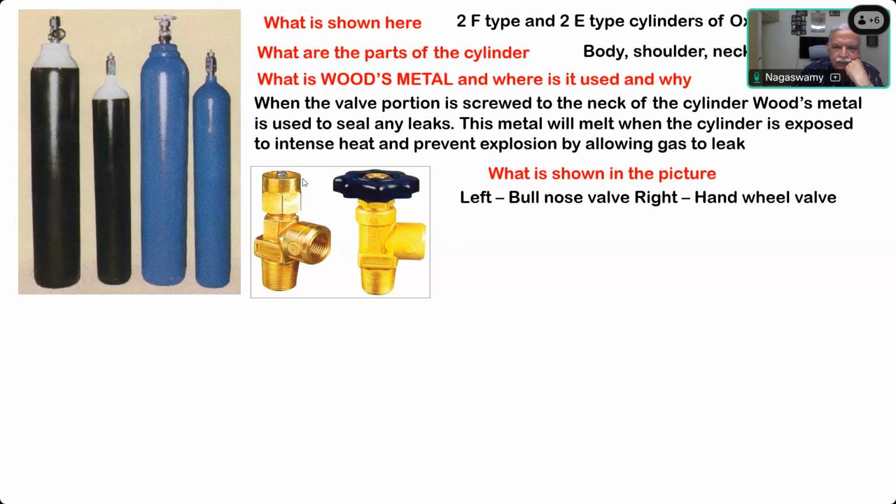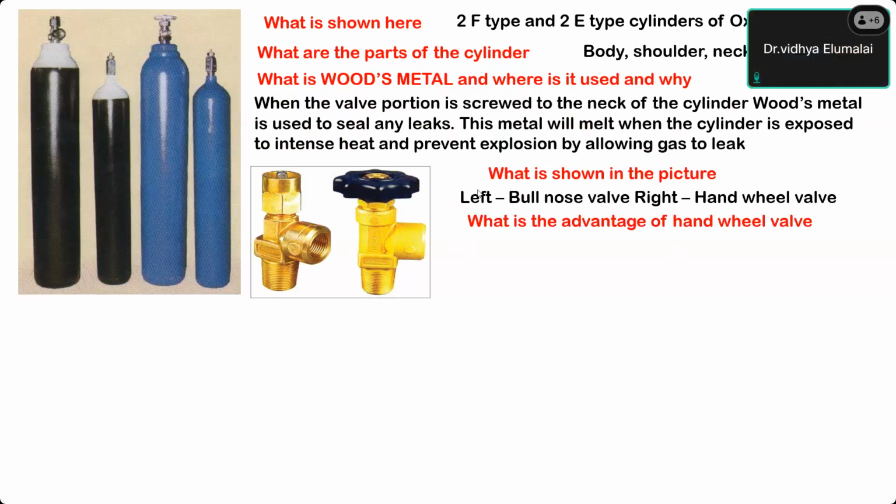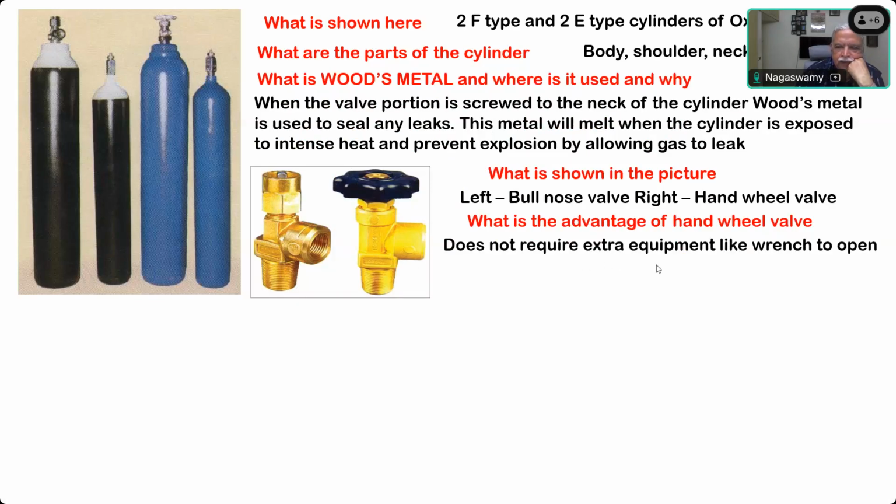The right is called the hand wheel valve, where a wheel is already present. What is the advantage of the hand wheel valve? Without the use of extra equipment we can open it. For the bullnose valve you need a separate key which will be fitted into it and rotated. The hand wheel does not require extra equipment like a wrench to open it.